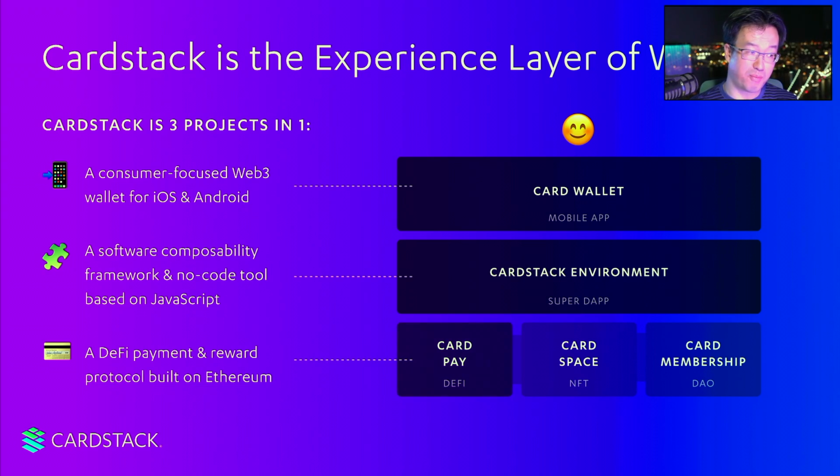The first one is CardPay, which is a DeFi payment protocol. Later on, once we add the layout cards we're working on right now, you can create your own website or even your own DAO and dashboard for it. But these components fit within this uniform mobile application as well as a cohesive web-based dApp environment.